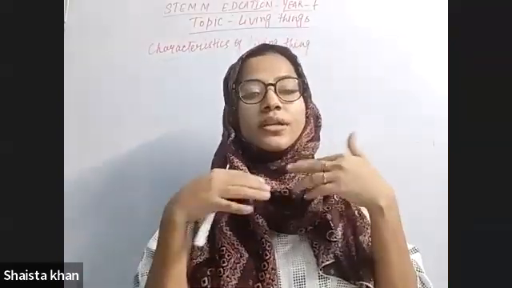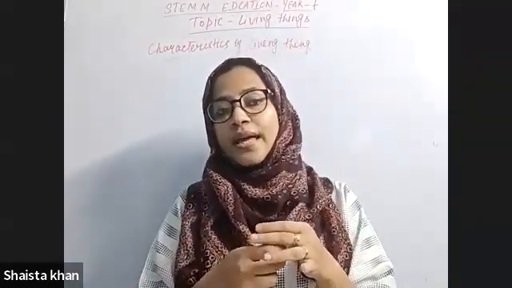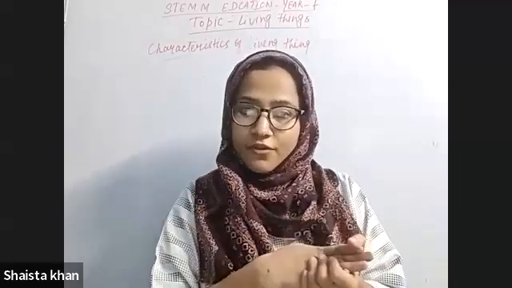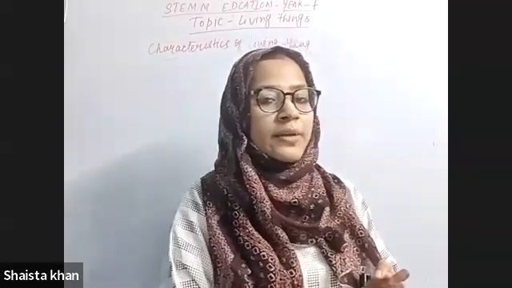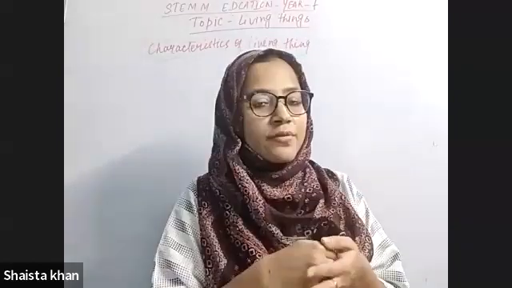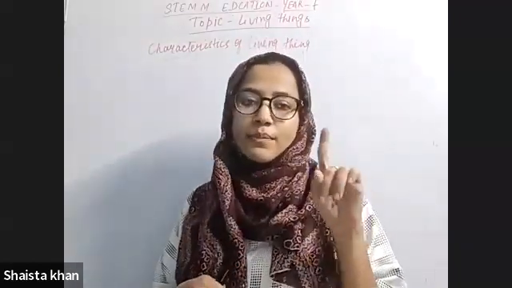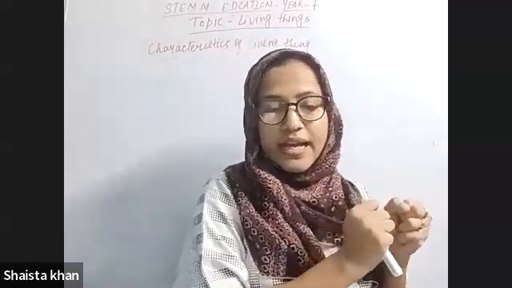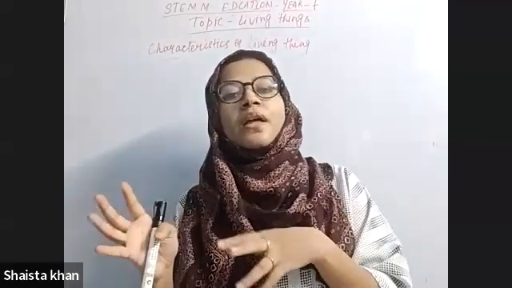You can ask me a question that a plant is also considered a living thing. Of course, a plant is also considered a living thing, but here I have told you only one characteristic, movement, but there are many more. On the basis of that, you can recognize that this is a living thing.